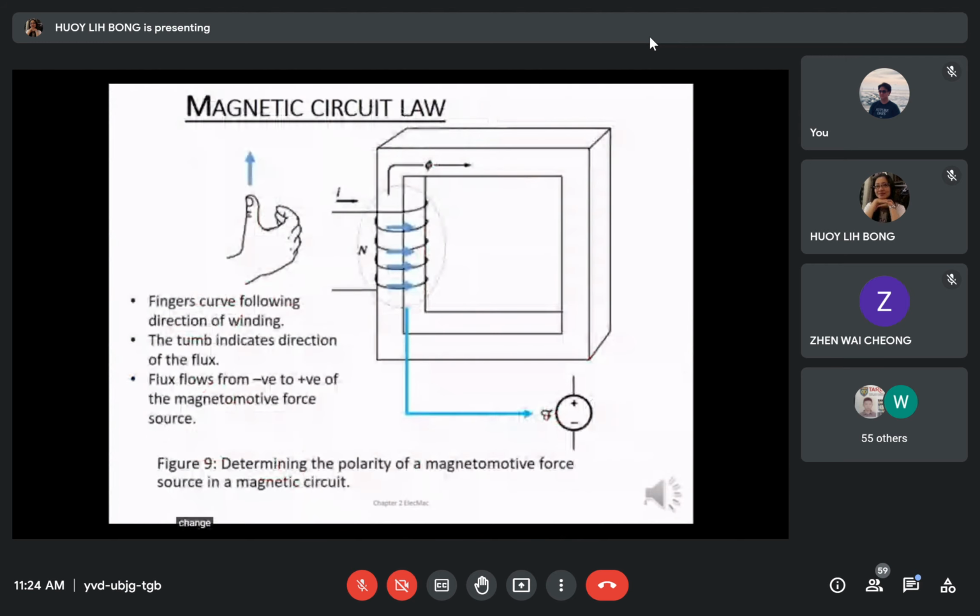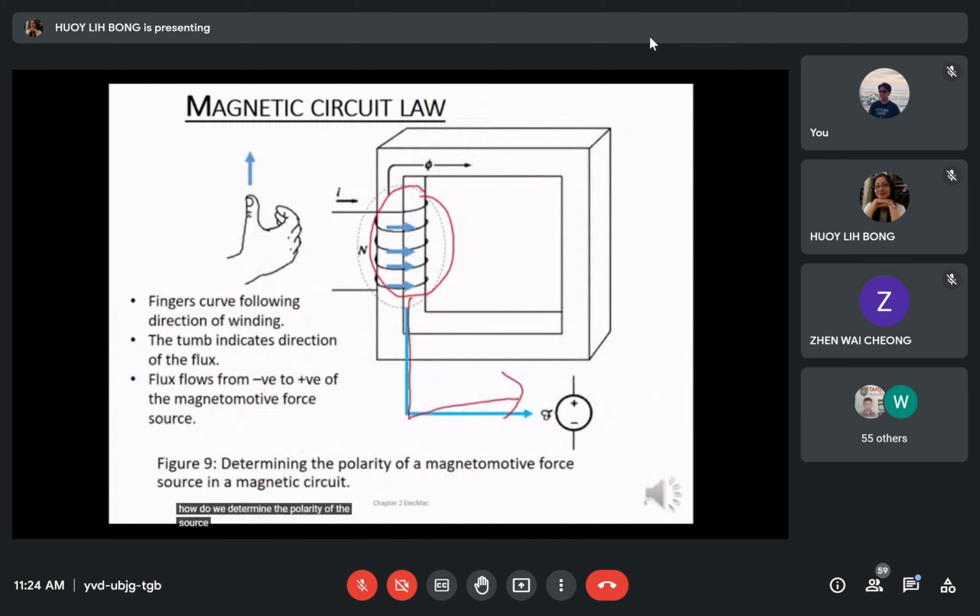Change the dimension of the magnetic core structure into an equivalent magnetic circuit. We can represent the windings of the coil as a source. How do we determine the polarity of the source?